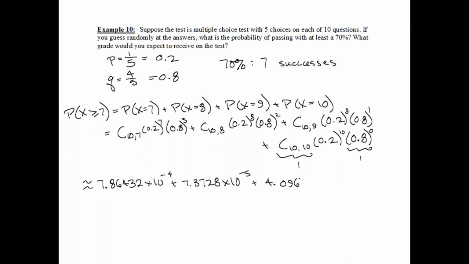And notice with each term they're getting smaller because it certainly is less likely to get 10 successes than to get 7. Would you not agree? If we add all these up, we get about 8.6435 times 10 to the negative 4, moving our decimal point.